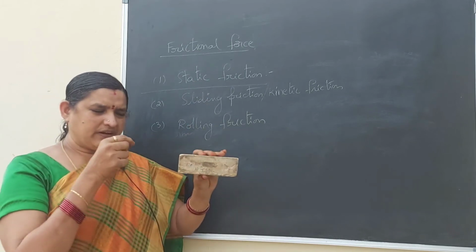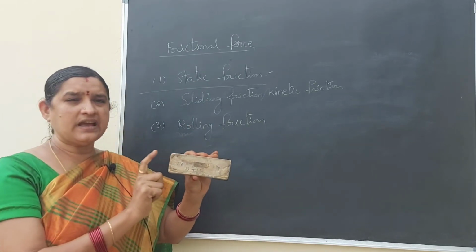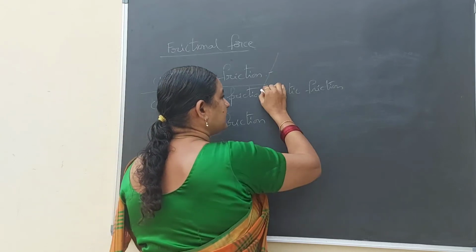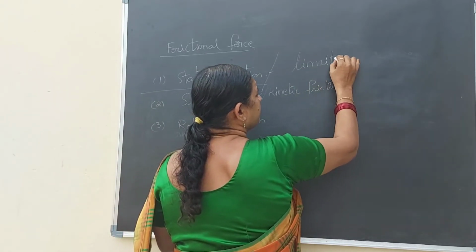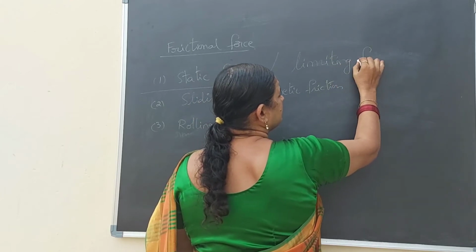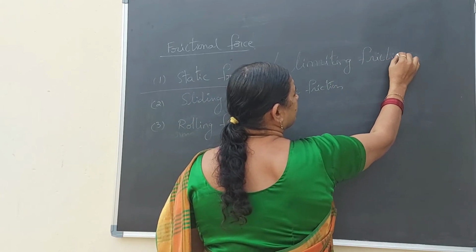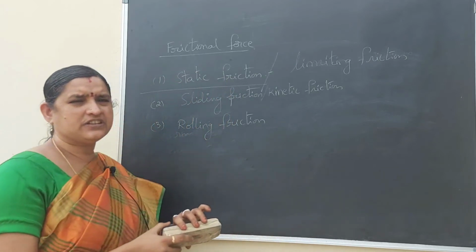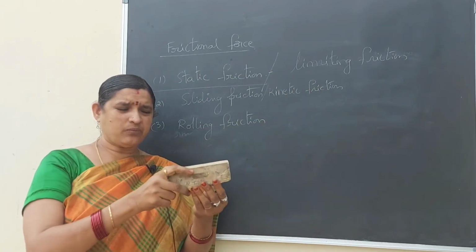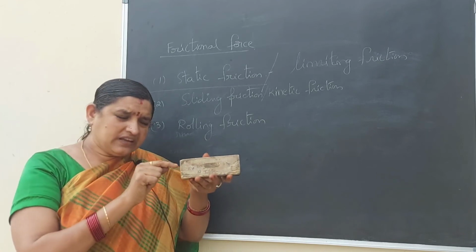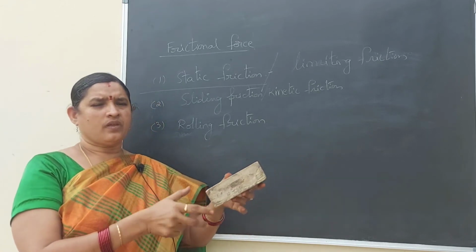When getting ready to move, it has the limiting friction. Static friction changes to limiting friction. Limiting friction means the force exerted by the body when it is getting ready to move.